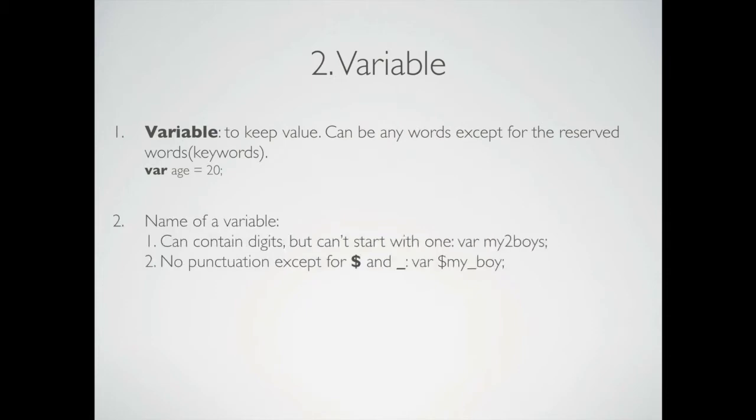There are some rules for the name of a variable. It can contain digits but cannot start with a digit. So you cannot do 2 age, the number 2 and then age. That's not valid. But you can do it like var my2boys. That's totally alright. And the next one, you can't use punctuation except for the dollar sign and underscore.